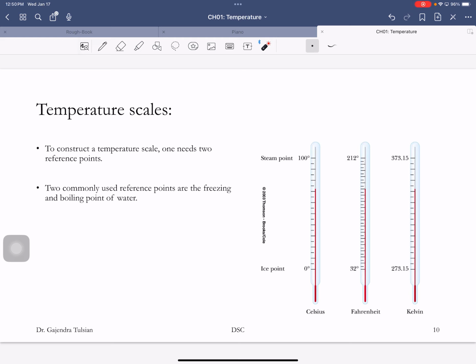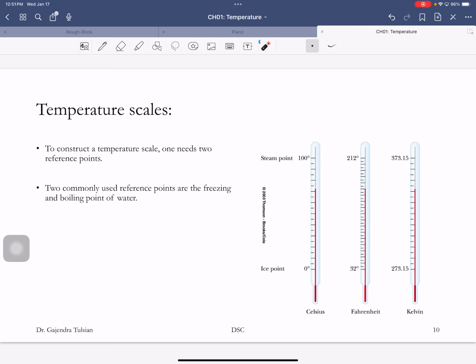You boil water at 1 atmosphere, it feels the same temperature. So the melting point of ice under the same conditions, you can call it whatever temperature you want. This feels colder than that, so it makes sense to call this a higher temperature than that.